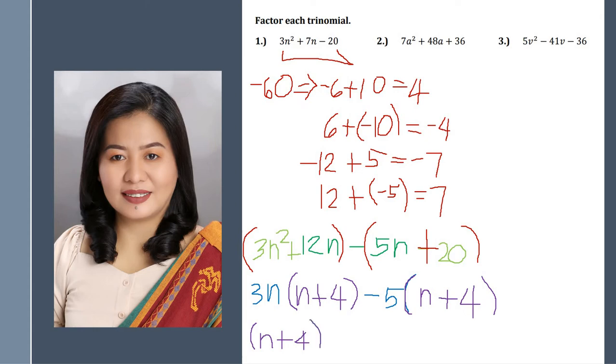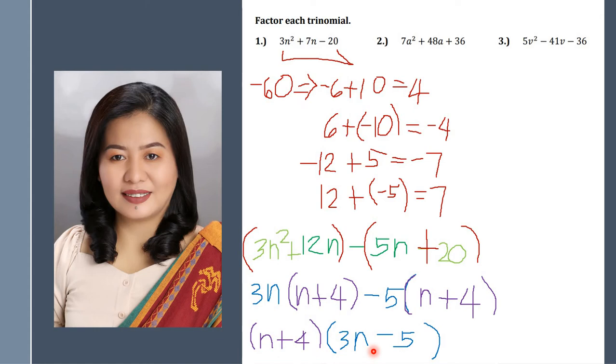So this is a mixed method of factoring trinomials. Our second factor will be putting together 3n and the common factor of the last two terms, which is 5. So there we go. The factors of 3n squared plus 7n minus 20 are n plus 4 and 3n minus 5.